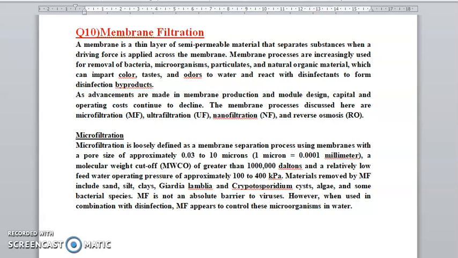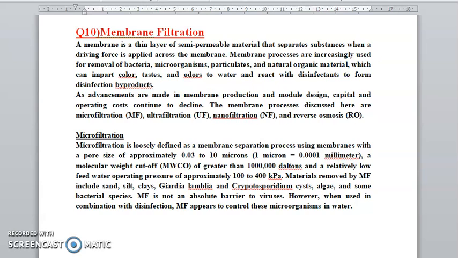Microfiltration is usually defined as a membrane separation process using a membrane with a pore size of approximately 0.03 to 10 microns, a molecular weight cutoff of greater than 1 lakh Daltons, and relatively low feed water operation pressure, approximately 100 to 400 kPa.